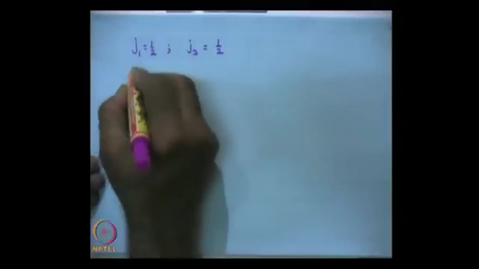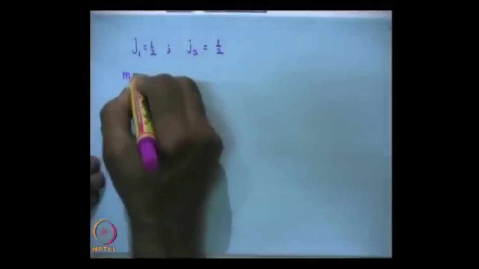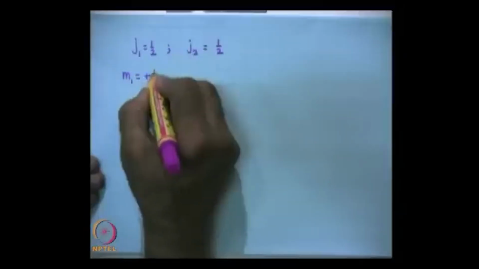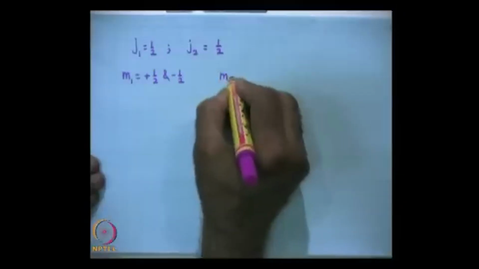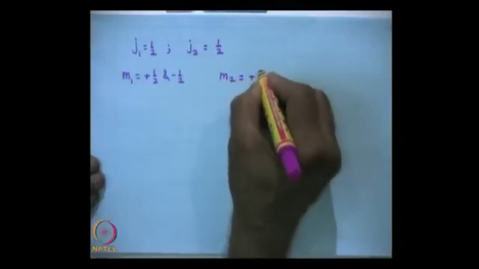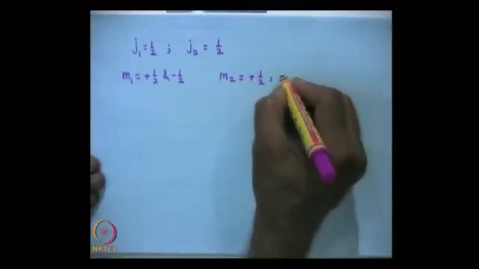Then we have M1 can take two values, plus half and minus half, and M2 can also take plus half and minus half.